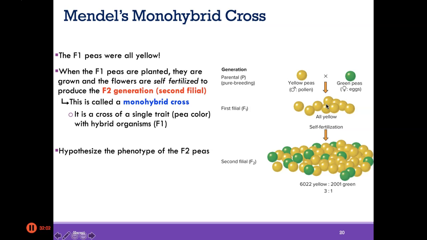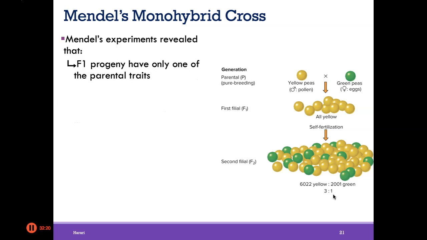So a monohybrid cross looks at a single trait with hybrid organisms. And a monohybrid cross will always give you this 3-to-1 ratio. Ratios are very important in this chapter. You're going to have to memorize some of them, but they'll become more obvious as we progress.